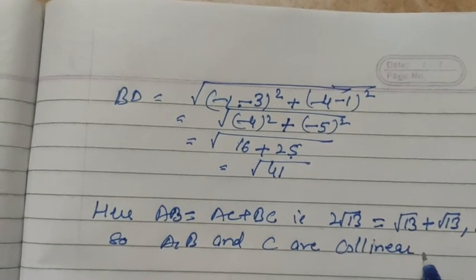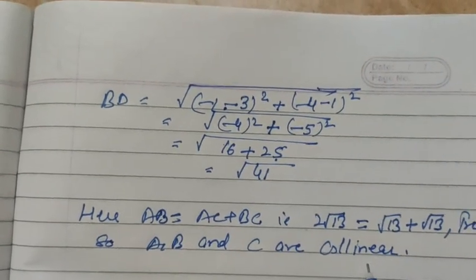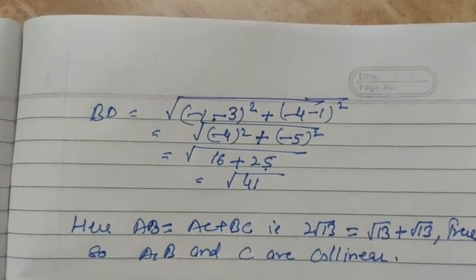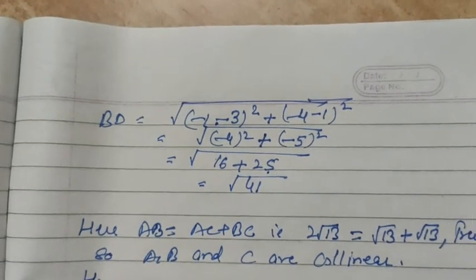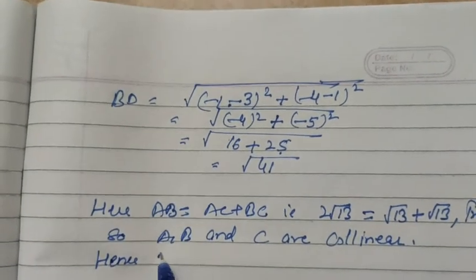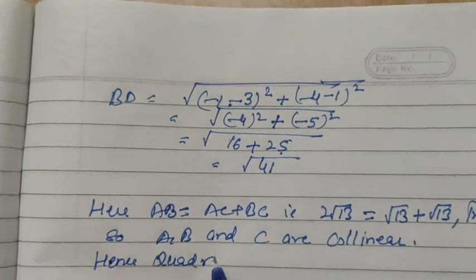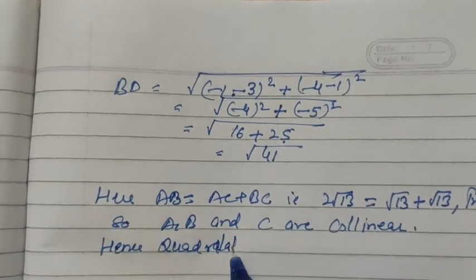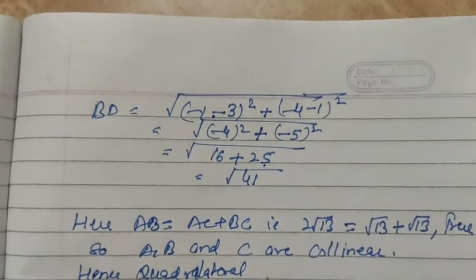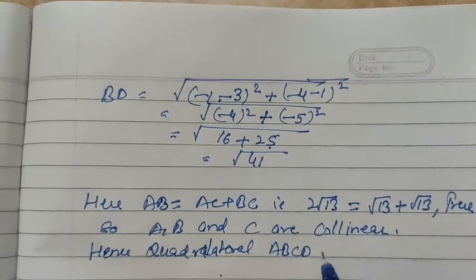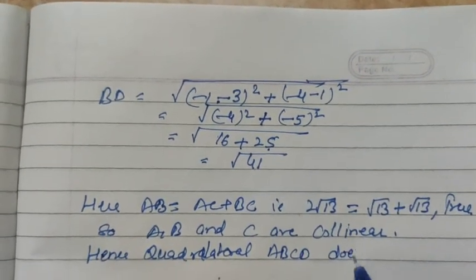All these 3 points A, B and C lie on the same line. So quadrilateral ABCD is not possible. Hence we can say quadrilateral ABCD does not exist.